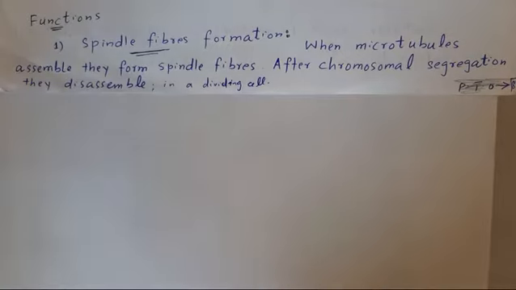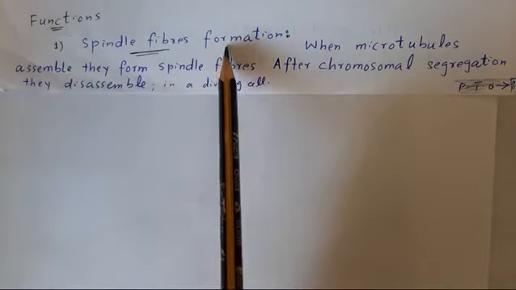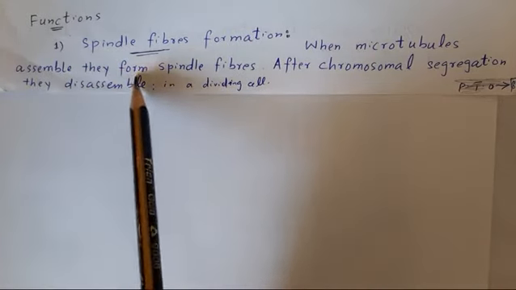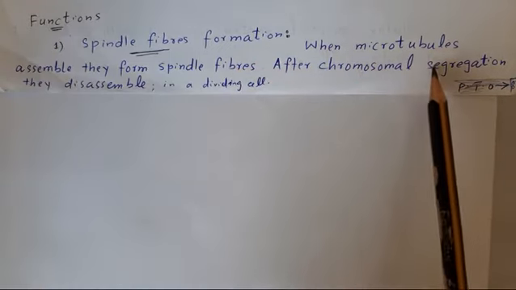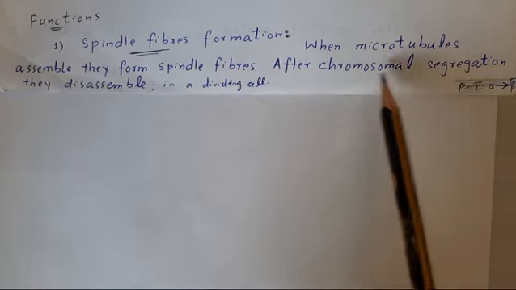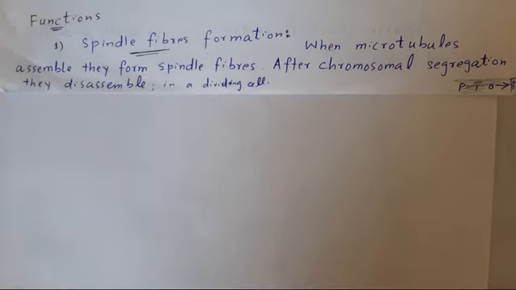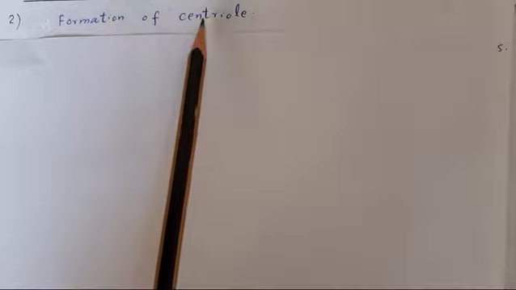Functions of microtubules. Our first function is spindle fibers formation. When microtubules assemble, they form spindle fibers, and after chromosomal segregation or separation, they disassemble. Second function of microtubules is formation of centriole.